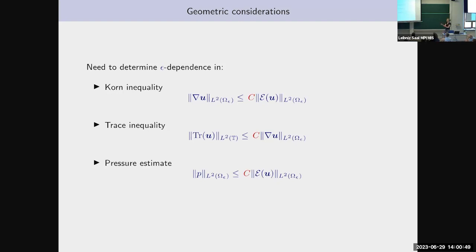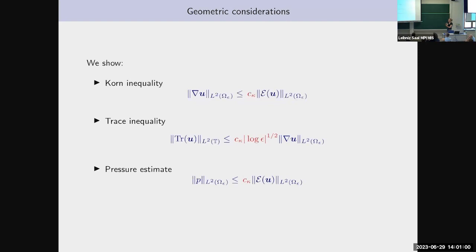So in particular, there's a Korn inequality, a sort of quasi-1D trace inequality that we have to be careful about, and then a pressure estimate as well. And it turns out that out of these three, it's really only the trace inequality that we have to be worried about, in particular because it does blow up as epsilon goes to 0.